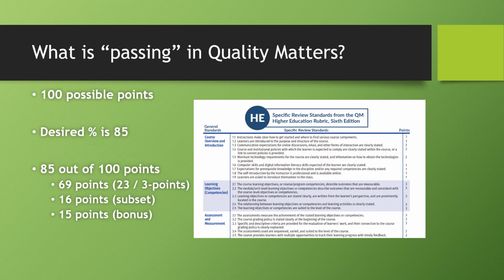Once you include all of the 3-point standard reviews, that gives you 69 points. So to get to the 85, you could use some subset of the 2-pointers and the 1-pointers to get those 16 additional points. And of course, if you really wanted to, you could do every standard on there and get 100 and you would be set.